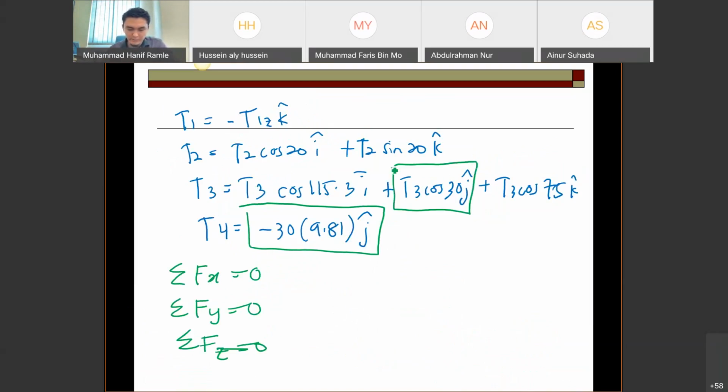From this equation, you will get T3 straight away. Can someone calculate for me what is the value for T3?